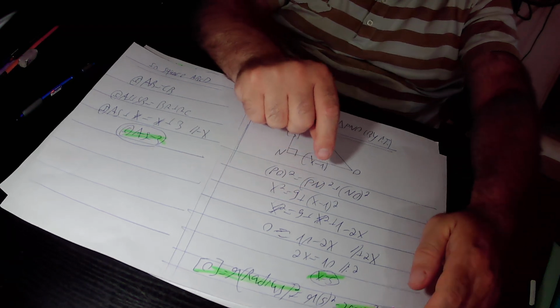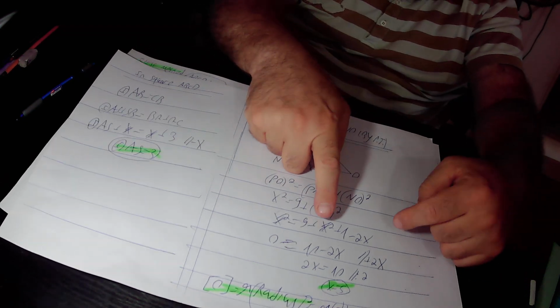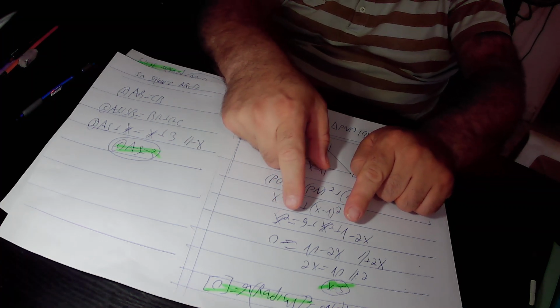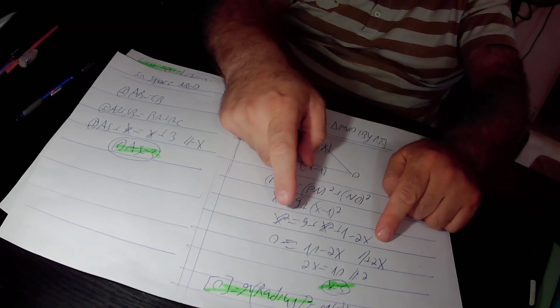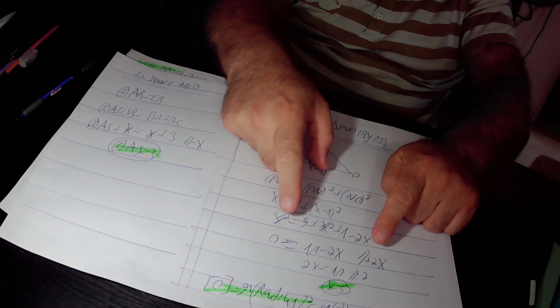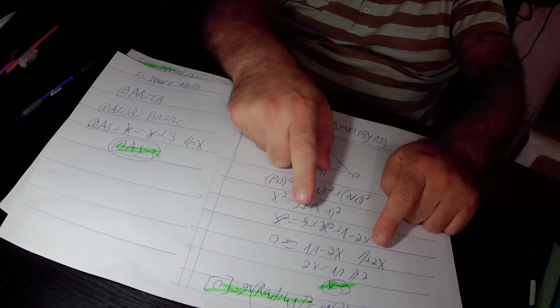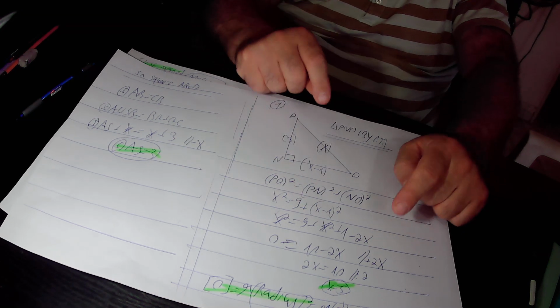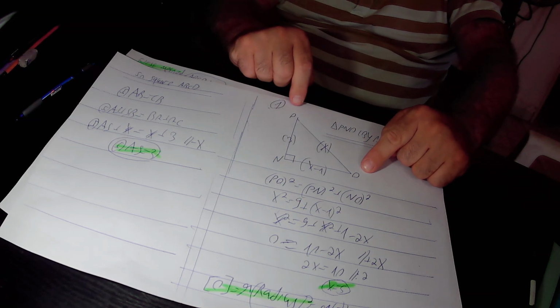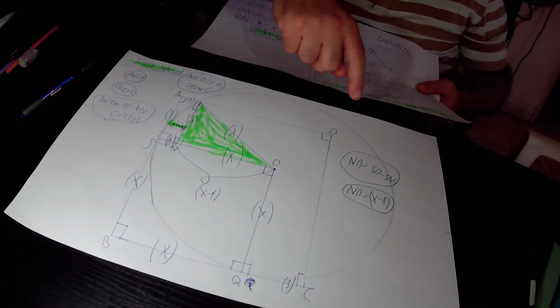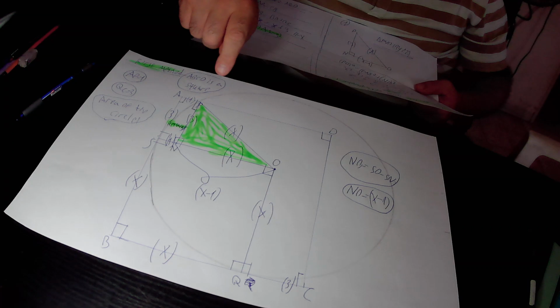On the other side, we are left with 9 plus 1, that is 10, minus 2X. So 0 equals 10 minus 2X. Here we add 2X to the equation and find that 2X equals 10. Dividing by 2, we find that X equals 10 over 2, that is 5. So the length of the hypotenuse PO is 5, and X is also the radius of this circle, so the radius of this circle equals 5 units in length.